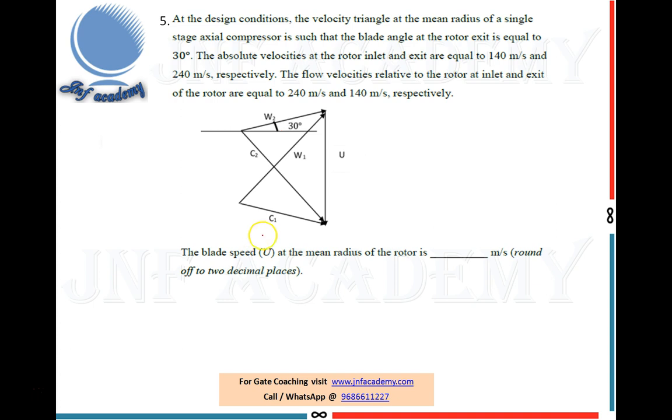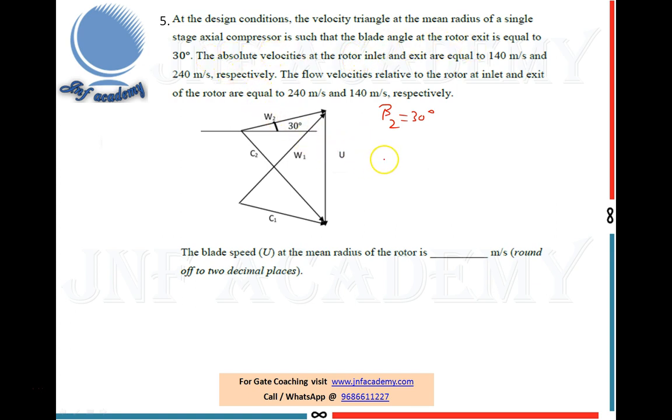So what have they given? First, they have given us beta 2, which is equal to 30 degrees. In the diagram also they have clearly given this is the axial direction, and the angle between W2 and the axial velocity is beta 2, which is 30 degrees.